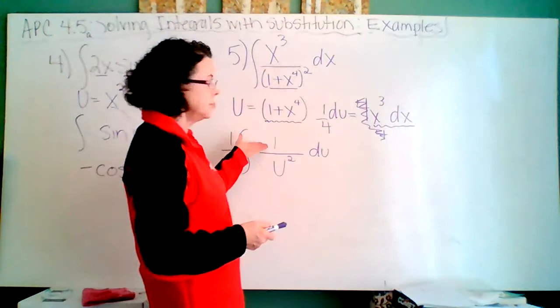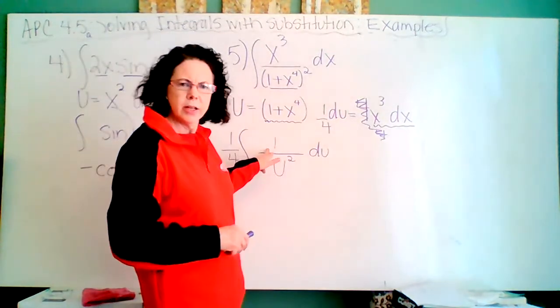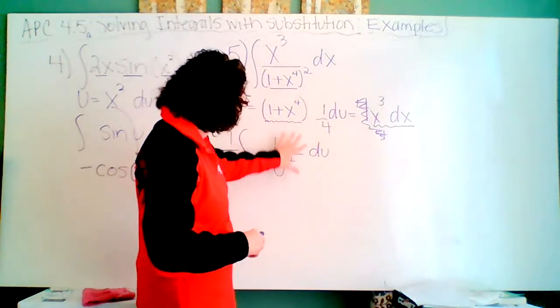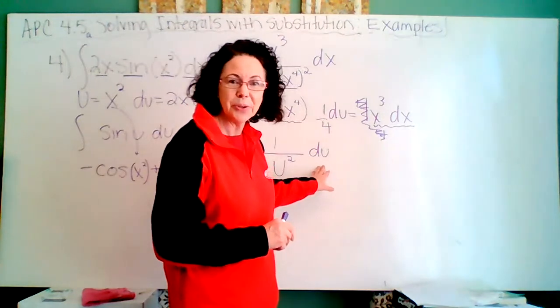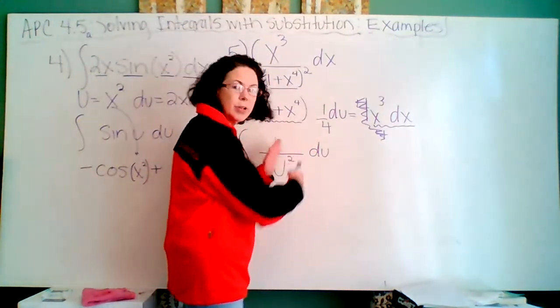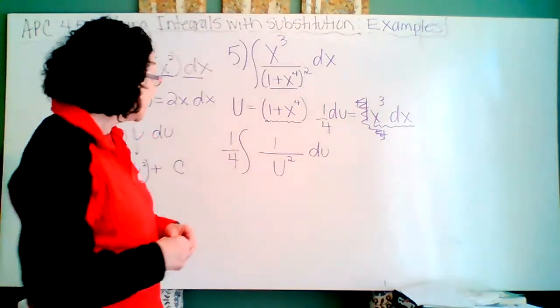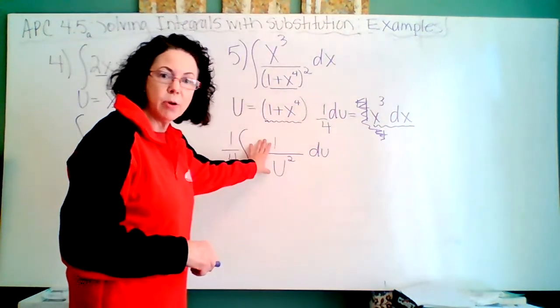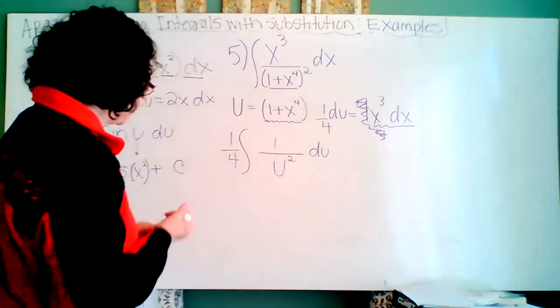I need to fill this numerator with something. Now in the book, they will put a du right here. No, no, no. This is the integrand. I keep it separate. This is the differential of u. I do not put the du in the integrand expression. Okay. Again, you are welcome to carry that 1/4 along. If you do all your work right, you'll get the same answer as me.